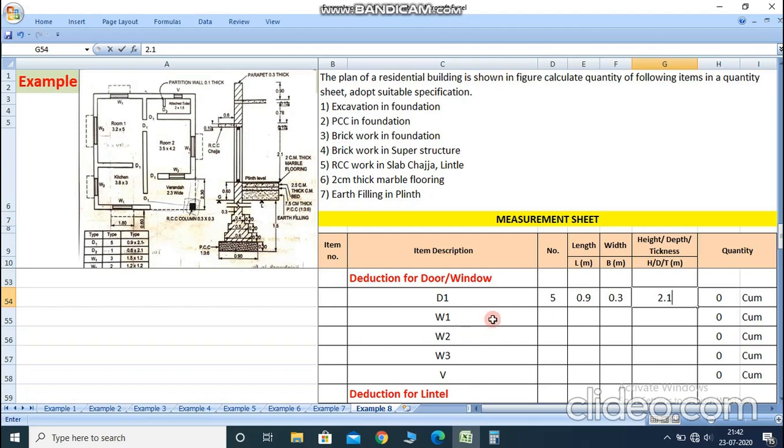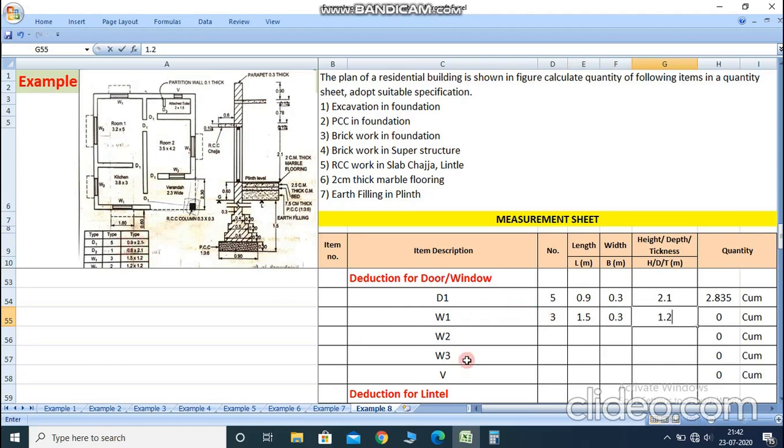Same for window 1. Here the number of window 1 is given as 3, so right here 3. Then length is given for the window as 1.5, width is the wall thickness, and then height is 1.2. It is already given in this table.